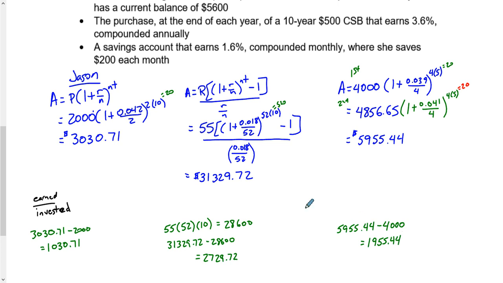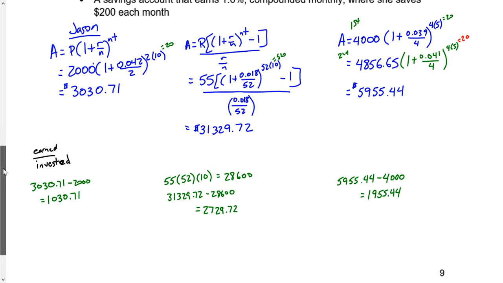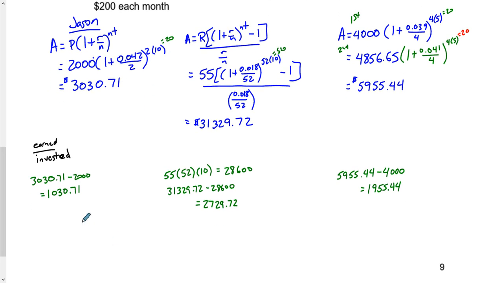$1,955.44 would be interest. So the rate of return would be taking how much interest is earned, adding all of that up. Oh, sorry, 27.